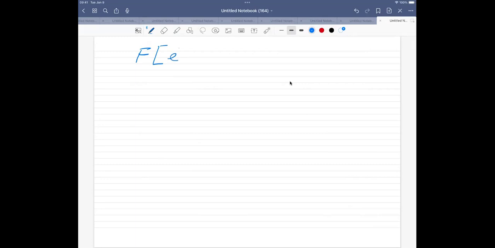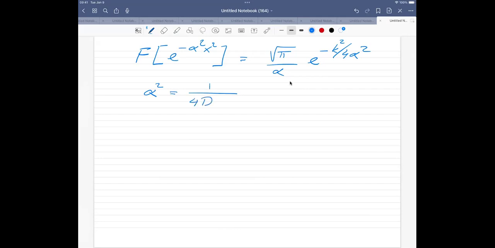The Fourier transform of e to the minus alpha x squared is also a Gaussian, but now a Gaussian in momentum space, with a normalization constant. As I said, I'm not going to go through the calculation of these integrals, I'm just going to state the results, because going through these integrations is not what we are aiming at. And this parameter, alpha squared, we can then set up in terms of the diffusion constant times time.